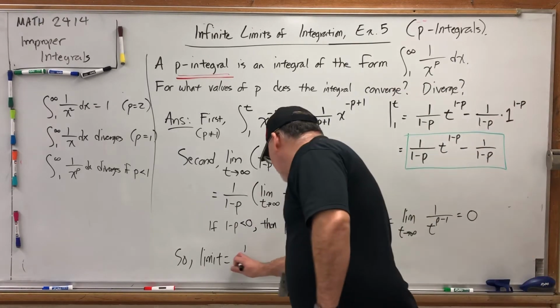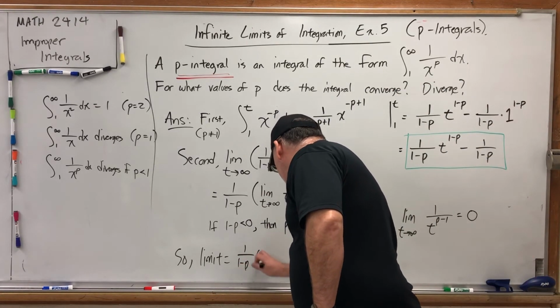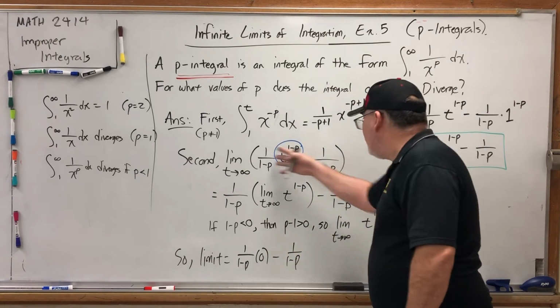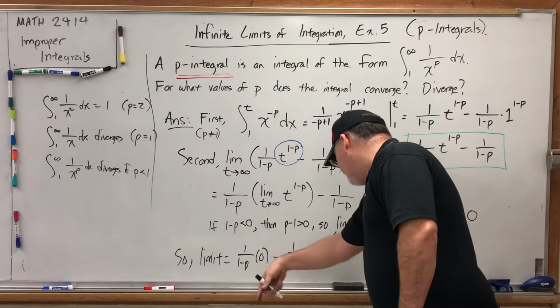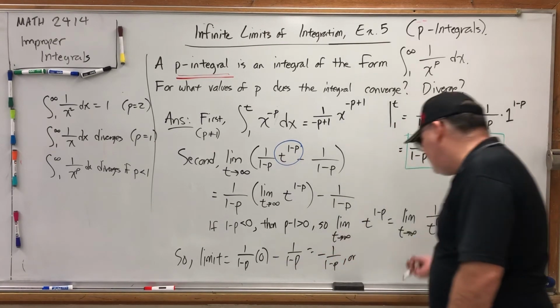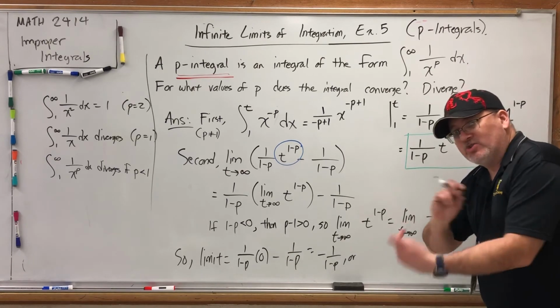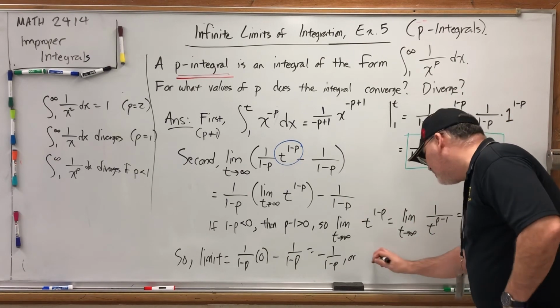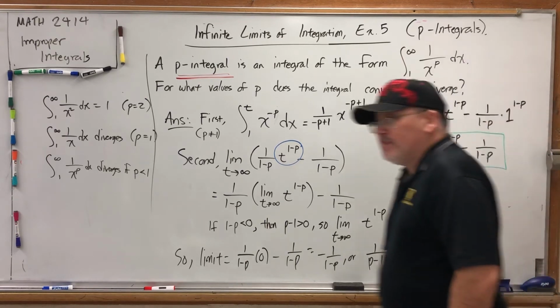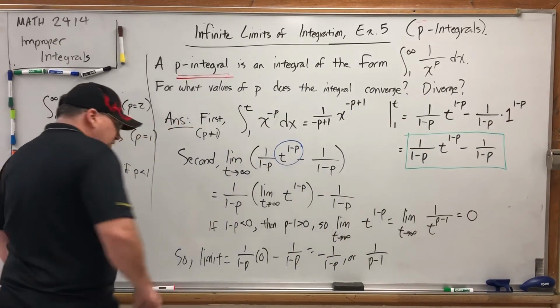So we have 1 over 1 minus p times 0 minus 1 over 1 minus p. We're right here. But 0 kills that, and we get negative 1 over 1 minus p. But if we slide the negative to the denominator, distribute it, and turn the problem around, we get 1 over p minus 1. Well, that's a pretty big claim.